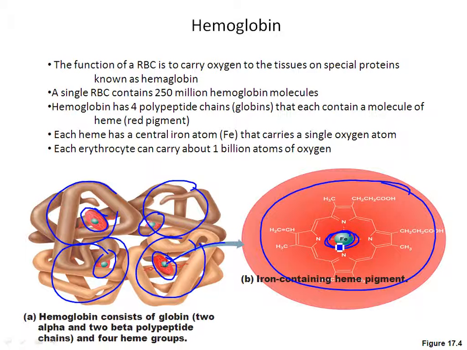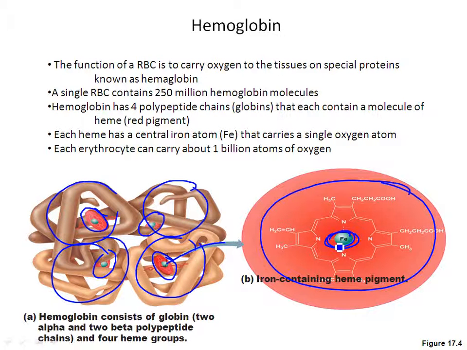A typical red blood cell is going to have around 250 million hemoglobin molecules. So if each one of those can carry 4 oxygen atoms, then each erythrocyte can carry something like 1 billion atoms of oxygen. Now, I hope I've done my math right. Y'all might want to check me on that, but we'll see.